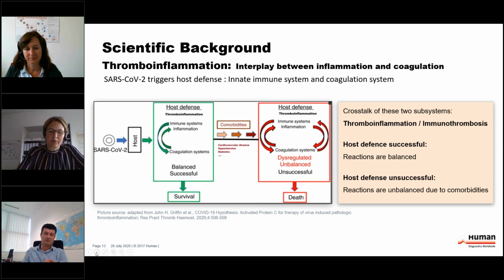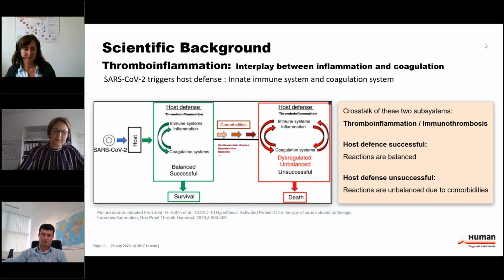In the green box, you can see that when the inflammatory reactions and the coagulation reactions are well regulated by positive and negative feedback loops, then the host defense is successful. This results in the rejection of the invader, in our case the SARS-CoV-2 virus, and the survival of the host.